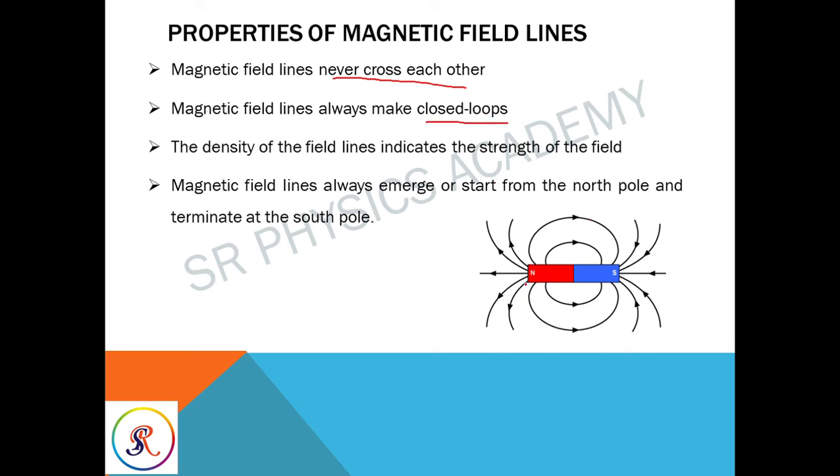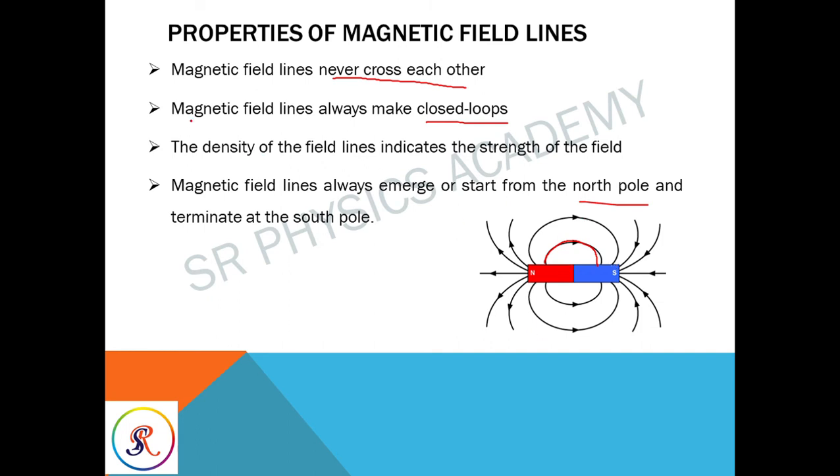For example, this arrow goes from north to south. Magnetic field lines always emerge or start from the north pole and terminate at the south pole. That means it always starts from the north pole, and where it terminates, that is the south pole. It's clear now.